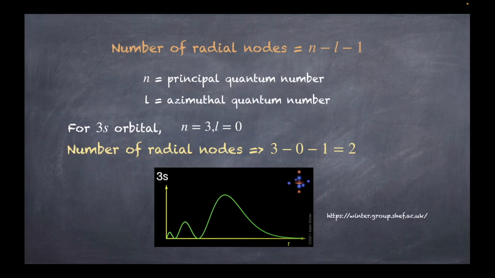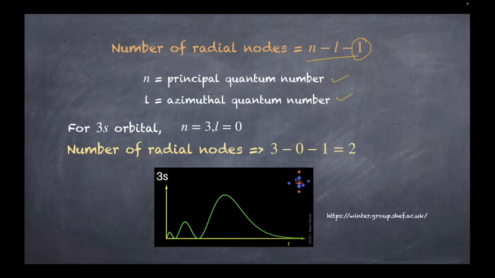Now what is the expression for computing the number of radial nodes in a particular orbital? So this is the expression: n minus l minus 1, where n is the principal quantum number, l is the azimuthal quantum number, and we are subtracting this 1 here because at infinity, that means at a very large distance away from the nucleus, the wave function asymptotically becomes 0.